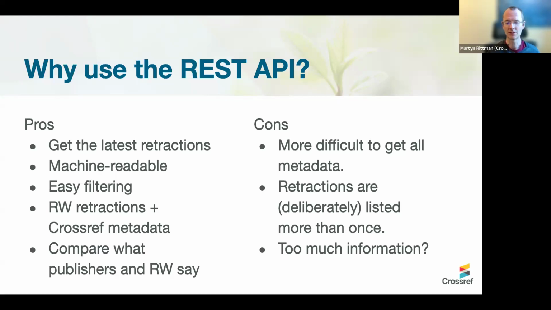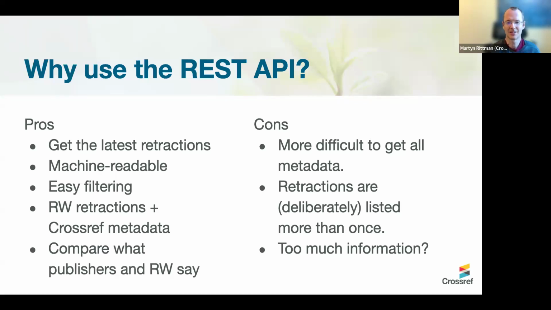You do get retractions listed more than once, as we've just seen in an example. That may be a little bit confusing depending on how you're processing the data, but we've decided deliberately to do that for clarity. So you can see exactly what the publisher said, exactly what Retraction Watch said, and you have the opportunity to compare these two.